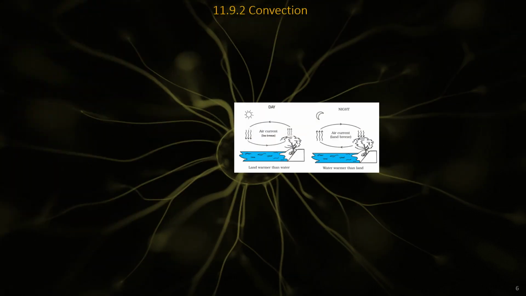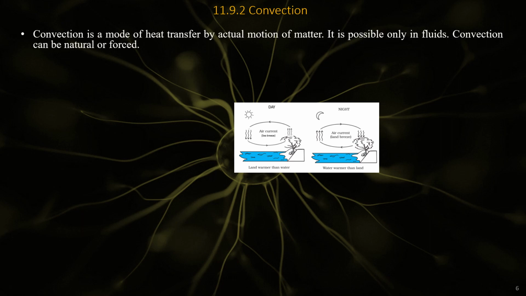Now we will take up convection. Convection is a mode of heat transfer by actual motion of matter. It is possible only in fluids. Convection can be natural or forced.